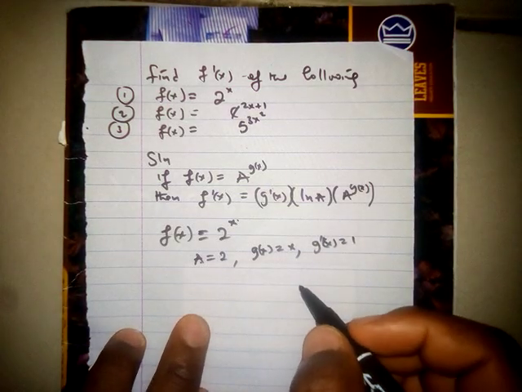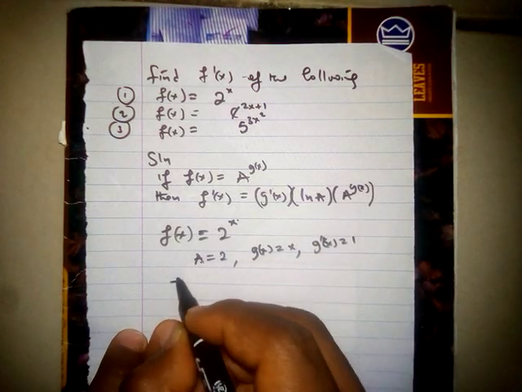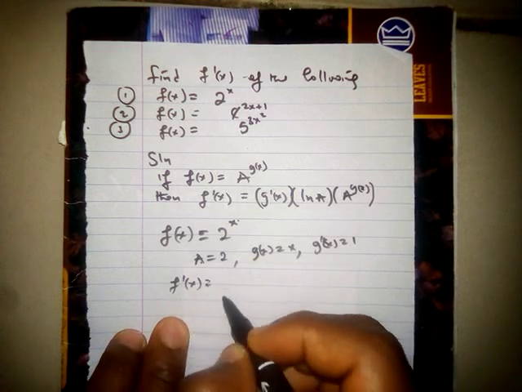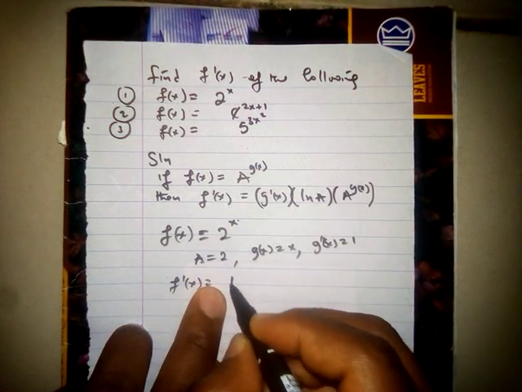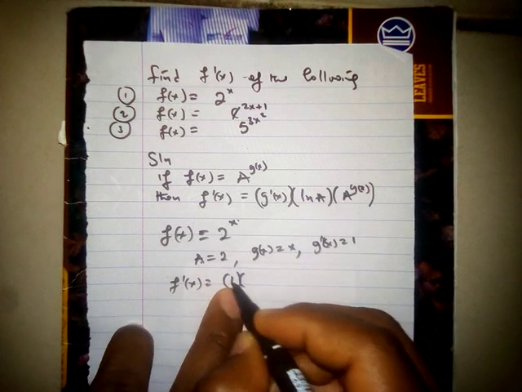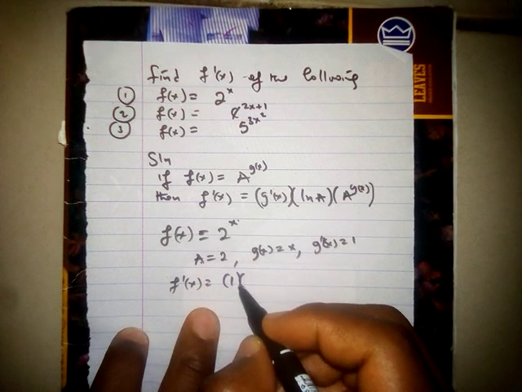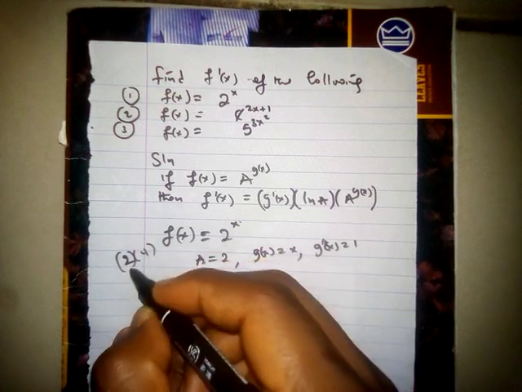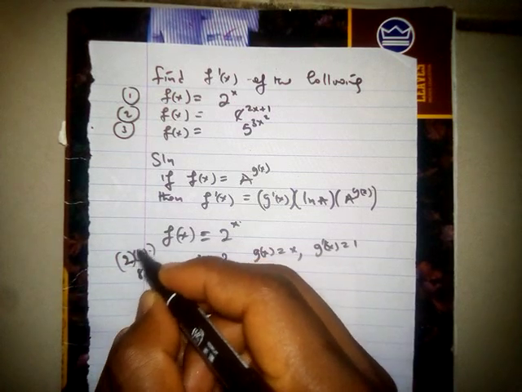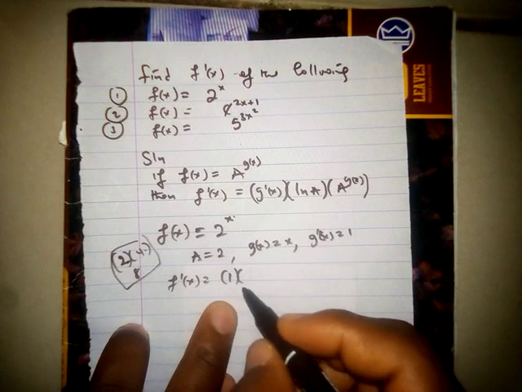Now I want to find f prime of x. Using the formula, f prime of x is g prime of x, which is 1, times, and please note this bracket is indicating multiplication. If I have something like 2 brackets 4, it simply means 2 times 4, which is 8.